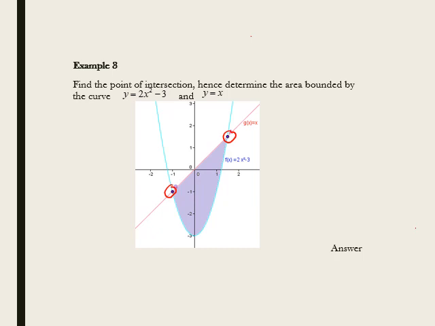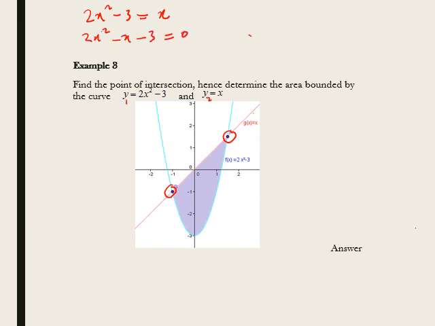So how to find them? It occurs when the two curves have the same value of x and y. So y1 equals y2. So 2x^3 minus 3 equals x. Use your knowledge on how to solve this.